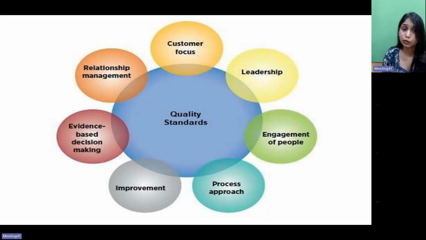So this will be the improvement, and on a regular basis we are doing improvement in our system, in our materials. Evidence-based decision making should be good. And relationship management: how you are managing the relationship with your management. So this is important, these are your quality standards. When these things are good, then definitely you will get growth, right?